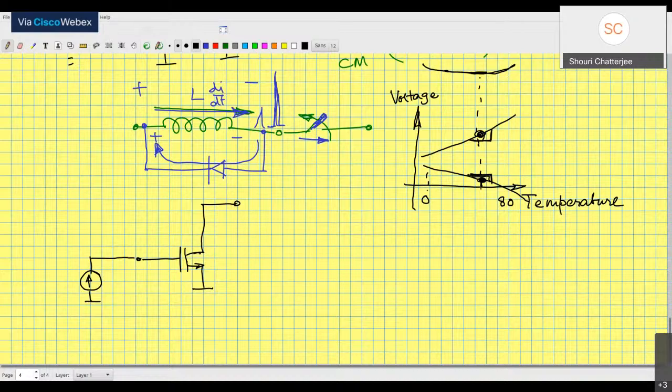So that's what you have to keep in mind. Now, FT is defined as the frequency at which the current gain is equal to 1.